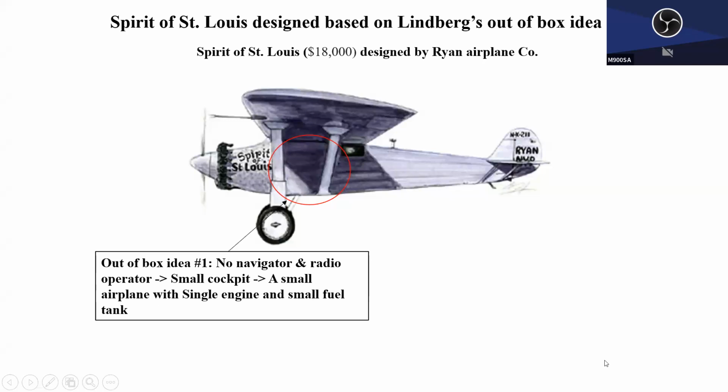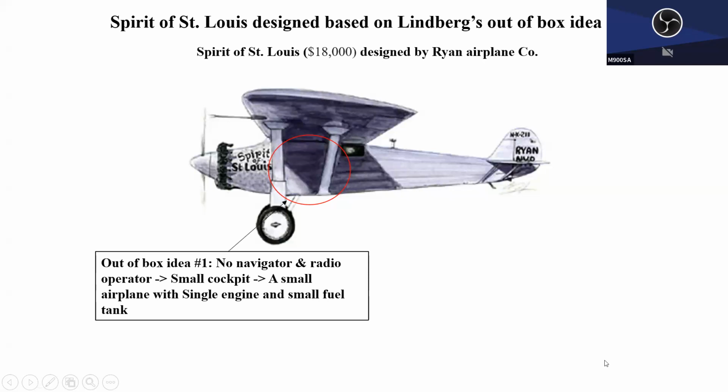Because of that, the airplane became very small. Because of that, he just needed a small engine. A small engine required a smaller fuel tank. Everything became smaller. Right now, for us, it seems a very reasonable thought process, but at that time, that required significant out-of-box thinking.